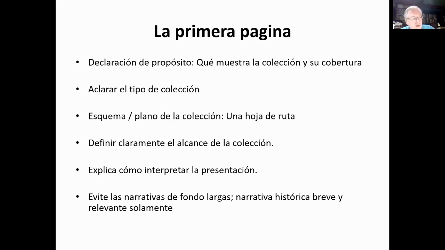Just because you found the information in Wikipedia or in Google doesn't mean you need to reuse it on your title page. If you want to give some historical background, keep it short, keep it relevant, and keep it focused to the subject that you're showing. At the end of the day, this is a stamp or postal history exhibit. It's not a historical discourse. So make your background narrative short and focused.